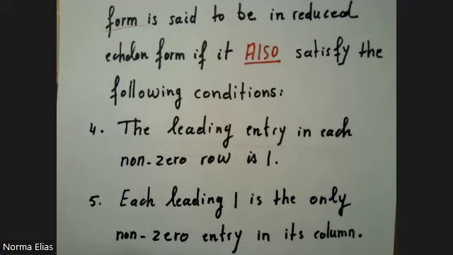So now I want you to look at the examples that I gave previously. For each one of them, you have to tell me whether it's in reduced echelon form or not. Just look at it and then I'll ask you the questions.